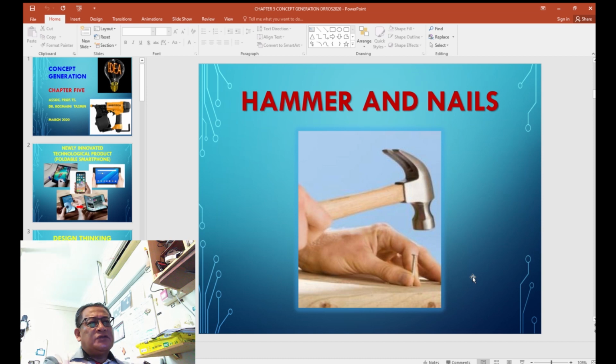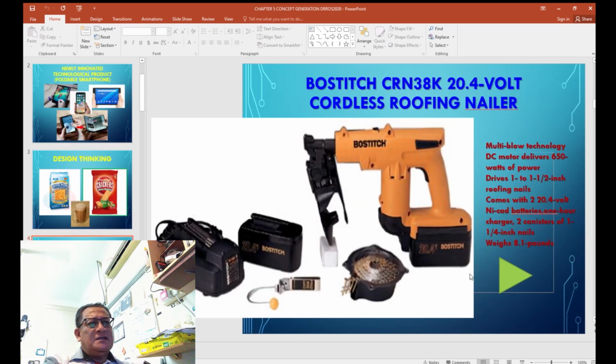However, if you want to make it a more automated device, we have this kind of cordless roofing nailer by the brand name of BOSTITCH, which uses multi-blow technology, and the concept is using DC motor power, direct current.